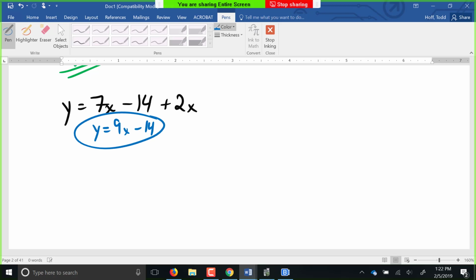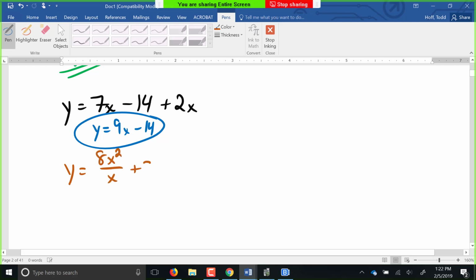That's linear. How about, be careful on this one. That can simplify to y equals 8x plus 3. So yes, it is.